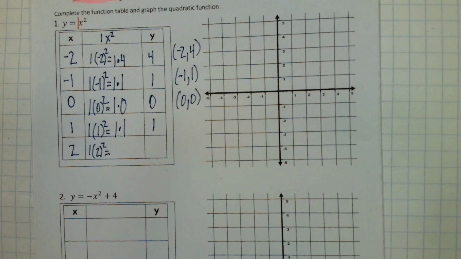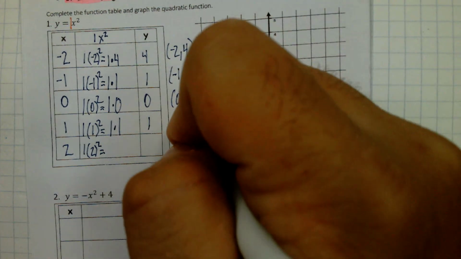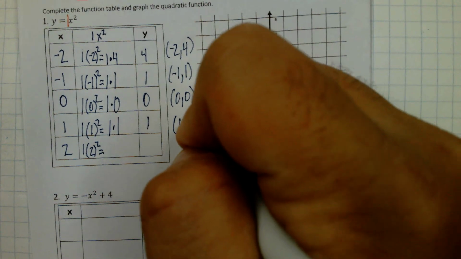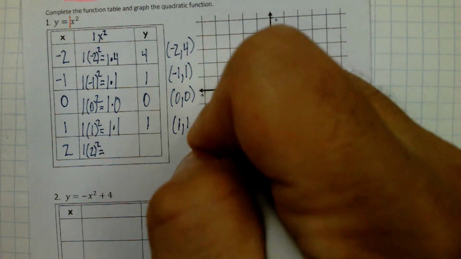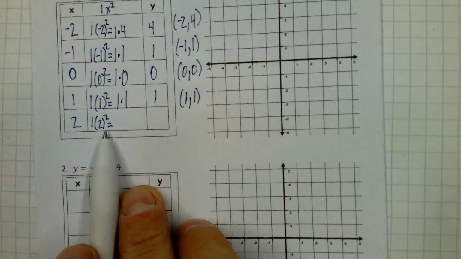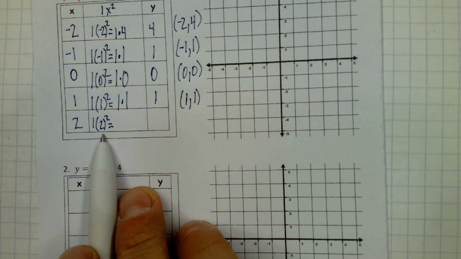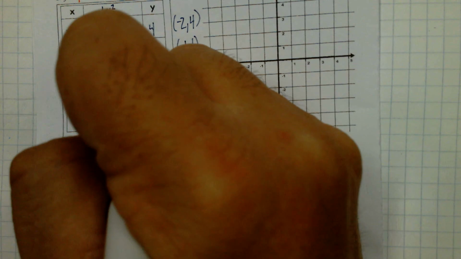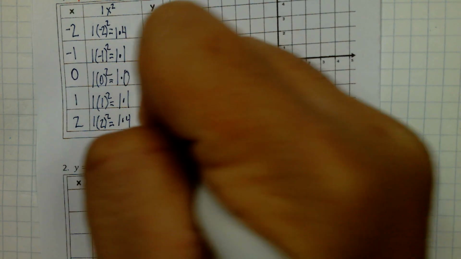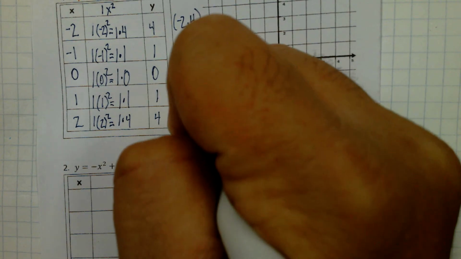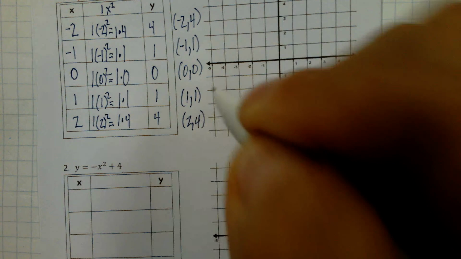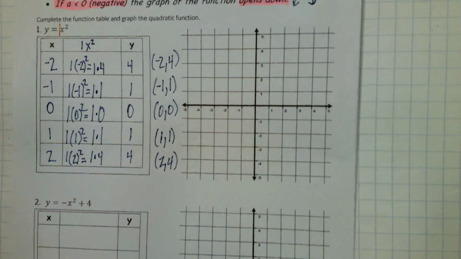Yeah, we're going to get that 1 again. But this time it's 1, comma 1. Okay? And repeating again, because 2 times 2 is 4. So this is 1 times 4 again, which gives us a 4 there. And we get 2, 4. So this is where that symmetry comes in.